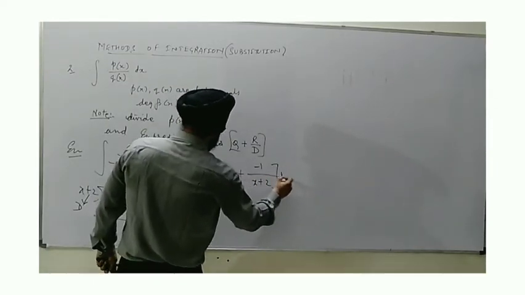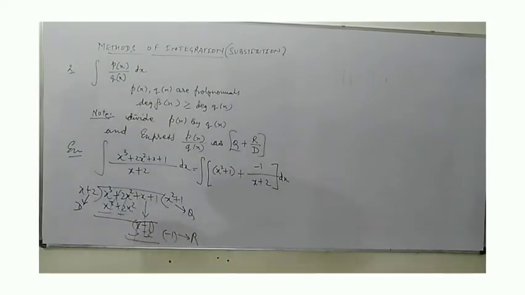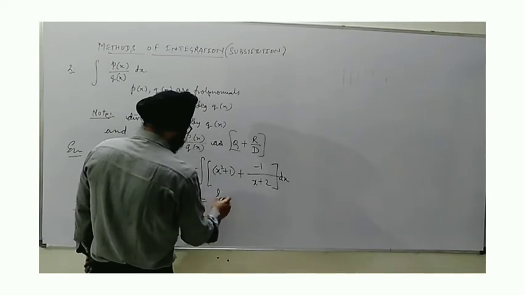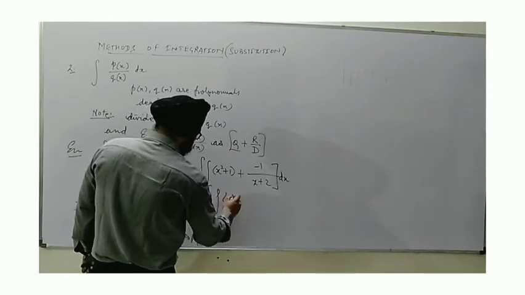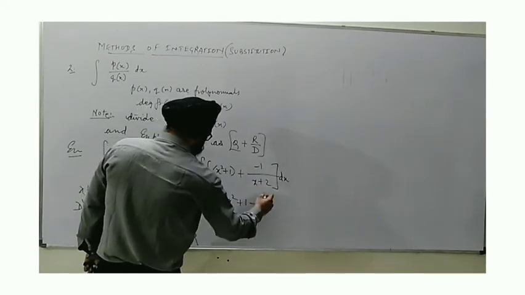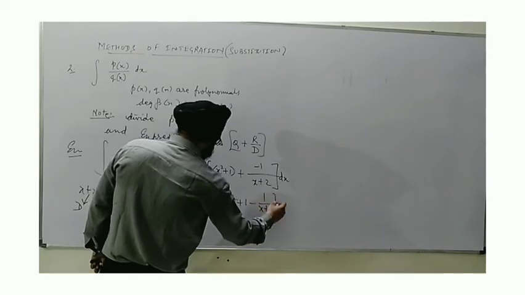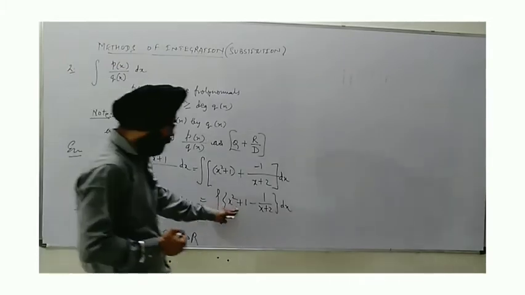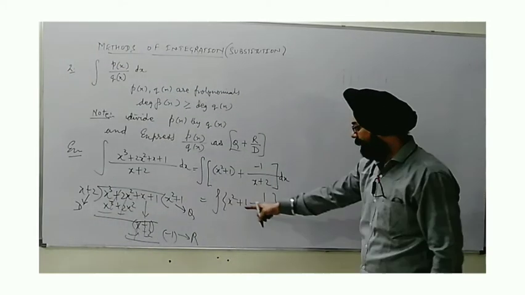As soon as we do this, we get the basic pattern. This can be written as the integration of x square plus 1 minus 1 upon x plus 2 dx. We see that we have obtained three terms and each is integrable.